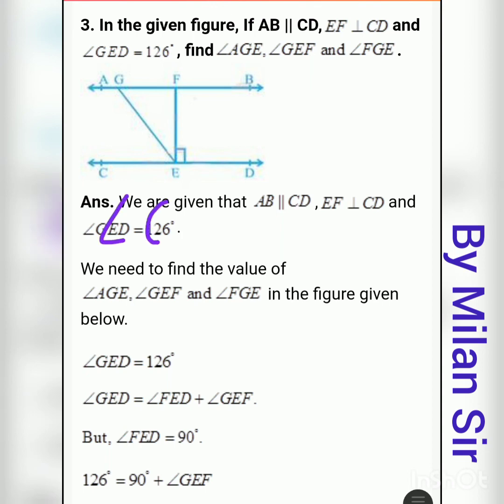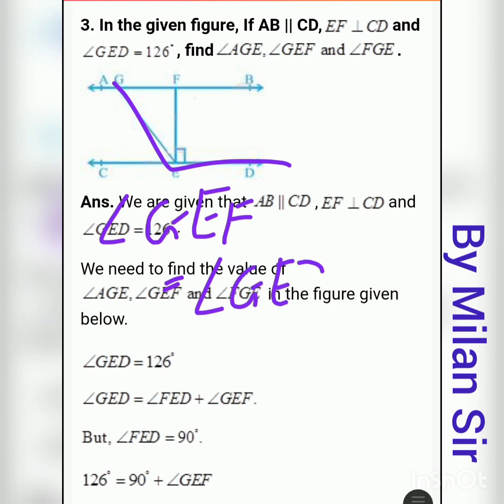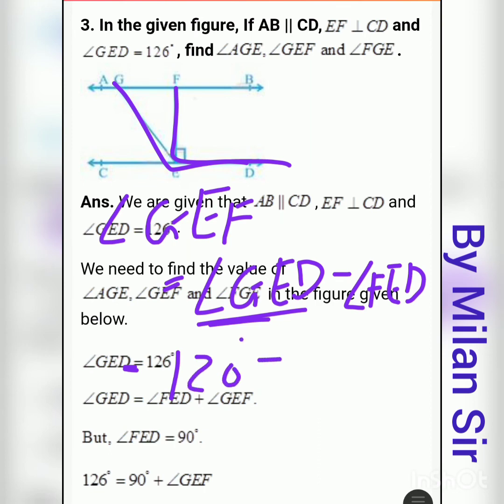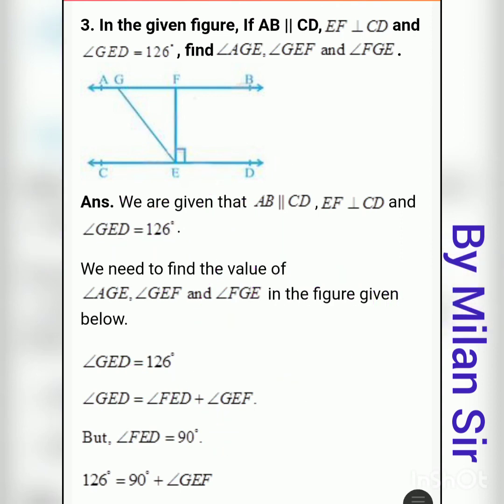So angle GEF is equal to this full angle GED minus angle FED. Now the value of GED is 120, minus the value of FED, 90. So 120 minus 90 is 30 degree. Okay, so our second answer, that means this angle, is 30 degree.